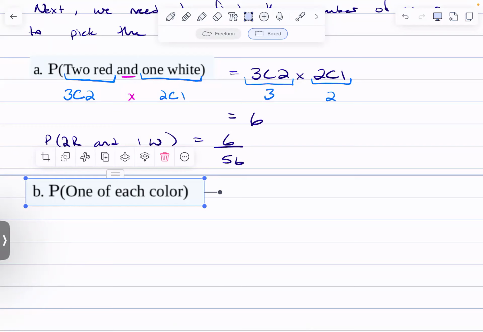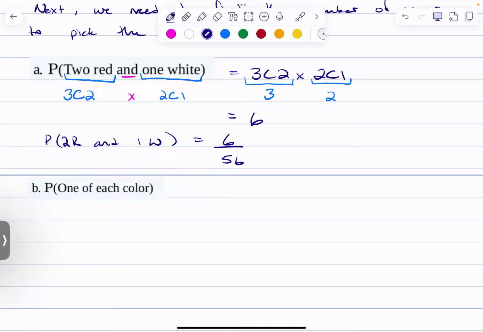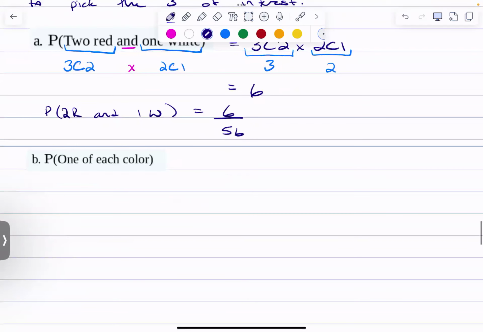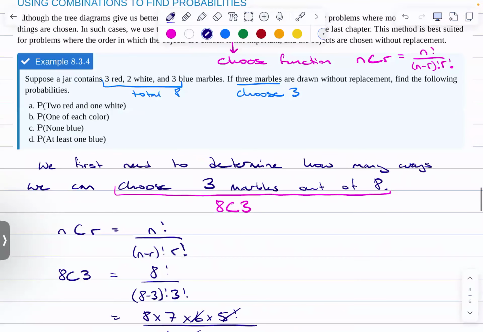But because I'm only drawing 3 and there are 3 colors, that is going to be 3 choose 1 for my red. 3 red, 2 white, and 3 blue. And 2 choose 1 for my white, and 3 choose 1 for my blue.